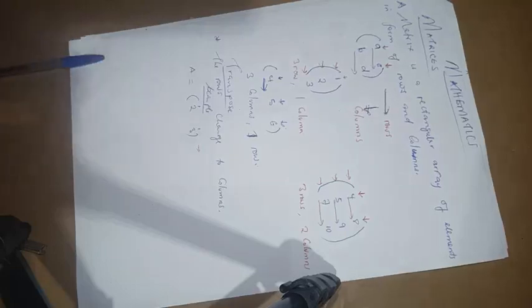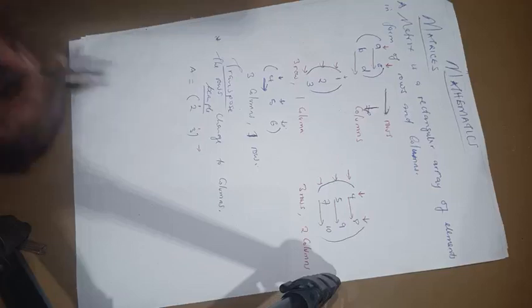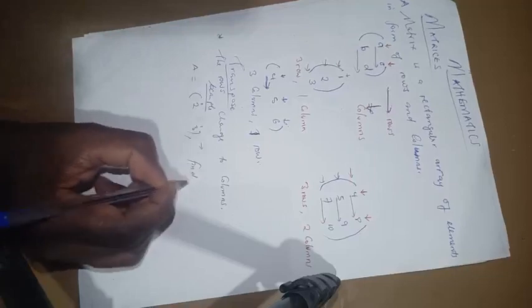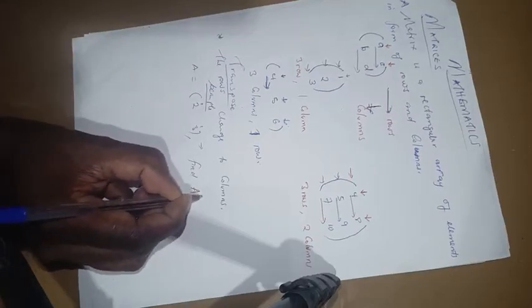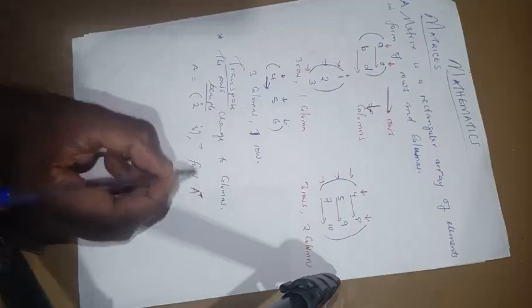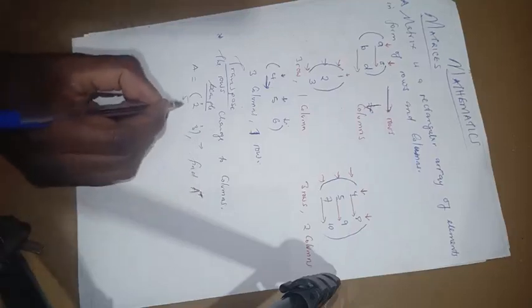So now how do you change matrix A to A transpose? So now to ask you the question, they will say find A power T there. So that simply means transpose. So we need to find the transpose of matrix A. So now how do you find this transpose?